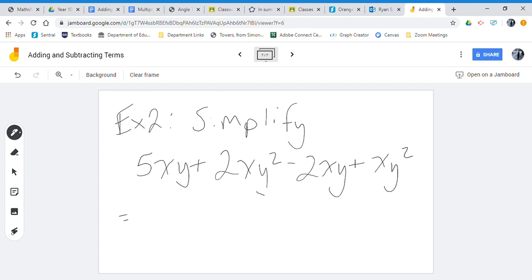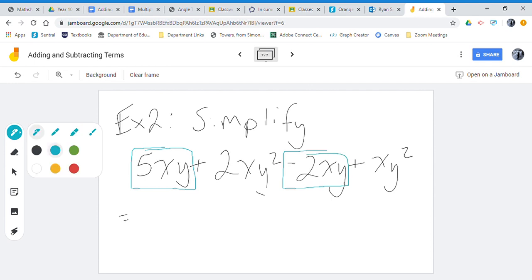So the first thing I'm going to do is identify and circle my like terms. So we've got 5xy right here, and we've got negative 2xy right there. Notice they have the exact same pronumerals, xy and xy.